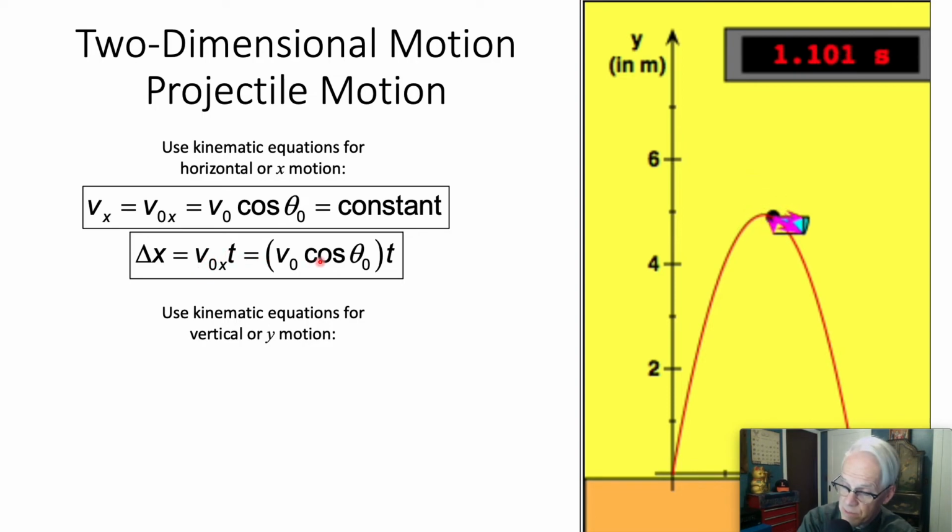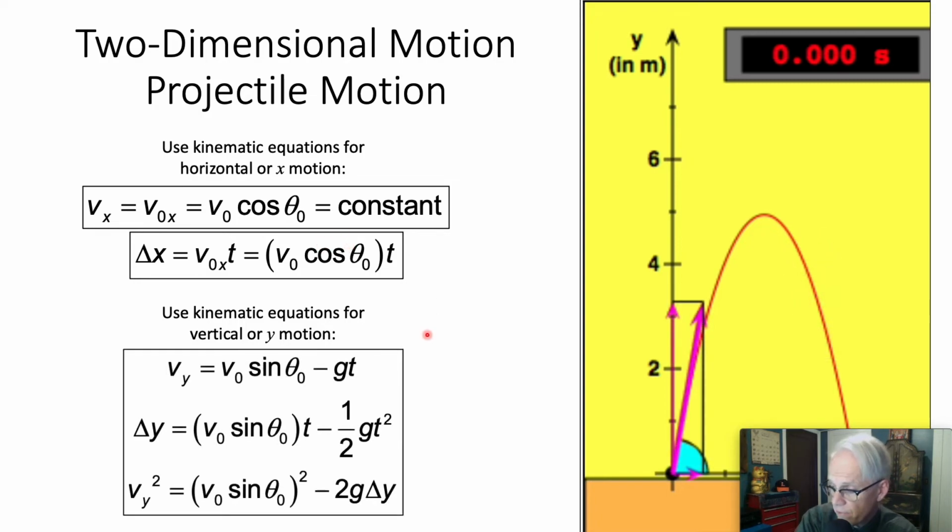To find the speed, we have to go v cosine theta. And for our y direction, we're going to use the acceleration equals g. That way we can use these three kinematic equations that we used before to figure out where we're at along this trip.